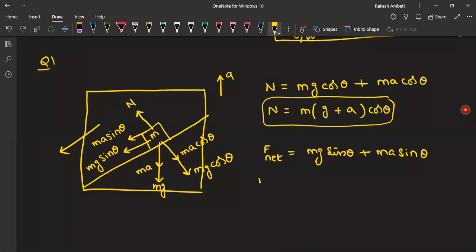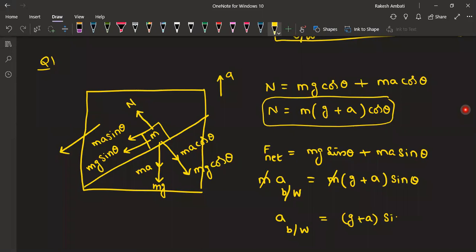Resultant force means mass into acceleration, but acceleration of the block with respect to wedge equal to, so you take m common and sin theta common. On right hand side, m common, sin theta common, in bracket we have g plus a. So m cancels out, therefore acceleration of the block with respect to wedge equal to g plus a into sin theta. So it is about acceleration of the block with respect to wedge.